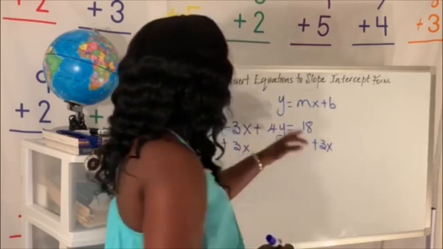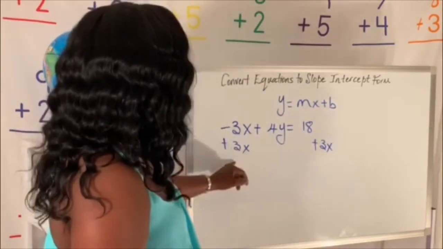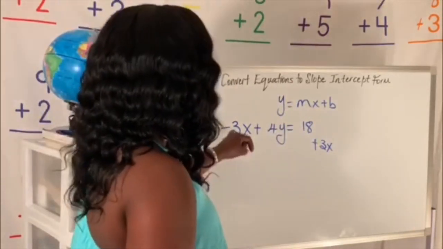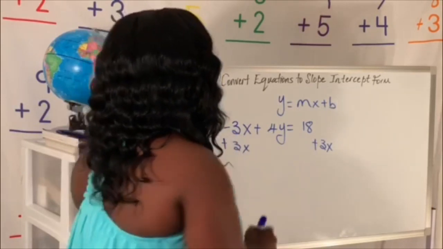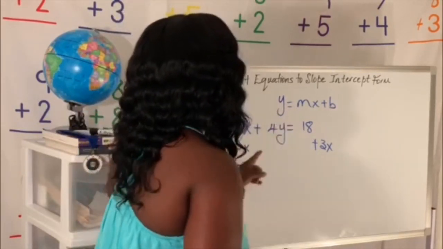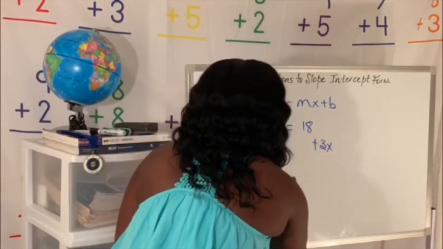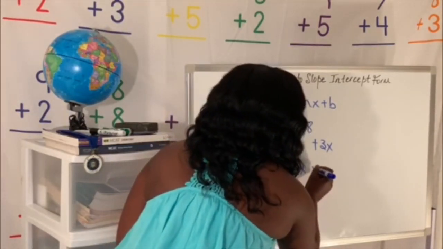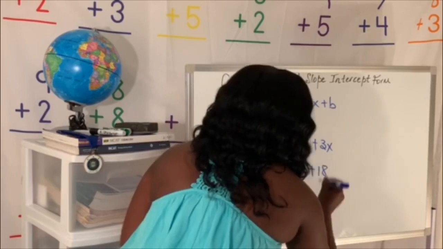Again, we're working with an equation. So whatever we do to one side, we also have to do to the other side of our equation as well. So a negative 3x plus 3x, this term cancels. So we are left with 4y equals 3x plus 18.